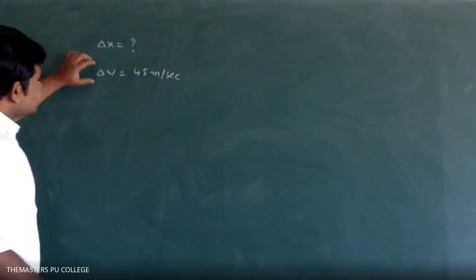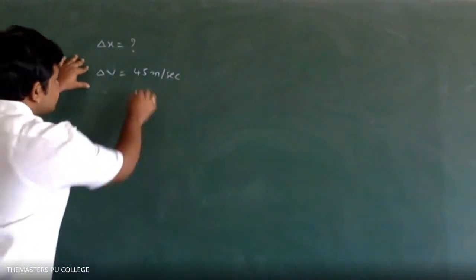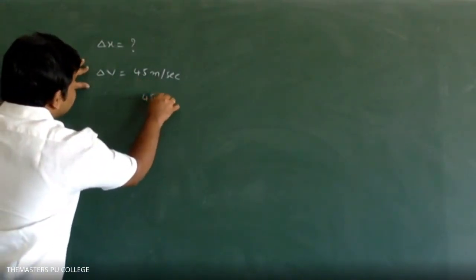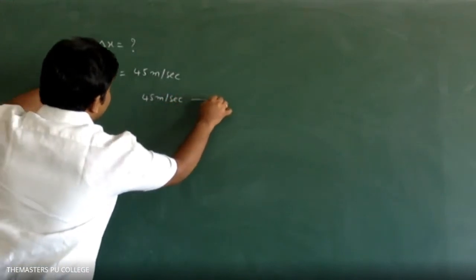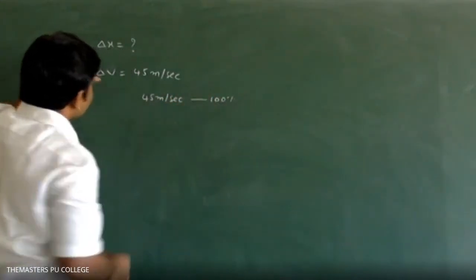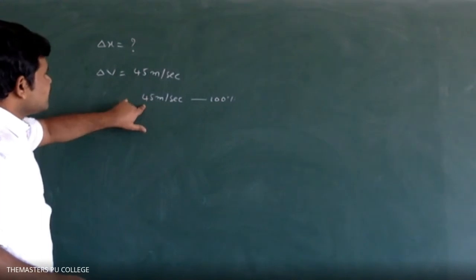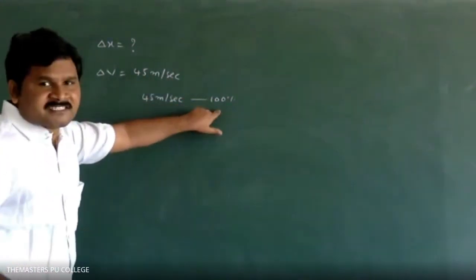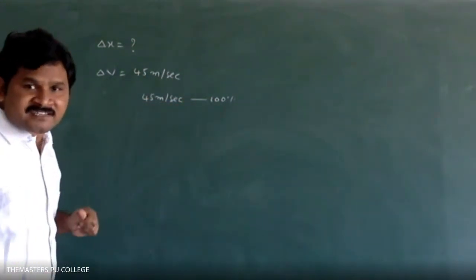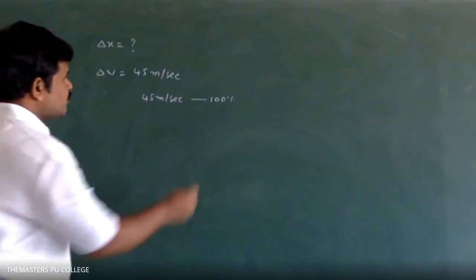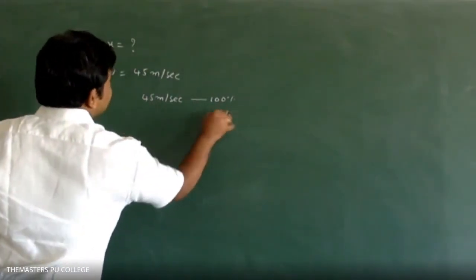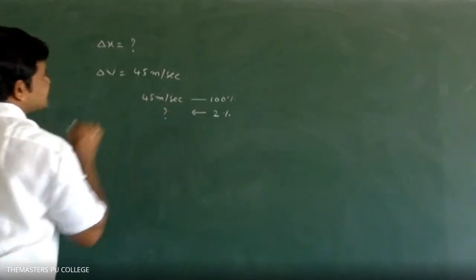Suppose if this golf ball moves with 45 meter per second, its accuracy is 100%. But what is the accuracy in the question? 2%. So moves with 2% accuracy, what is its speed?